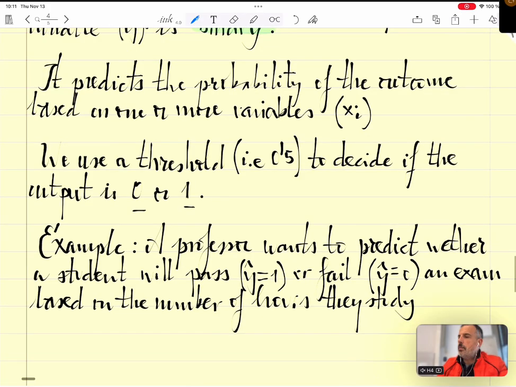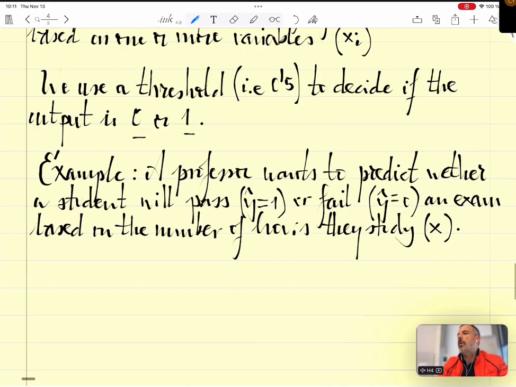This is my variable x, okay? We can have more than one variable, but in this example, we use only one variable.